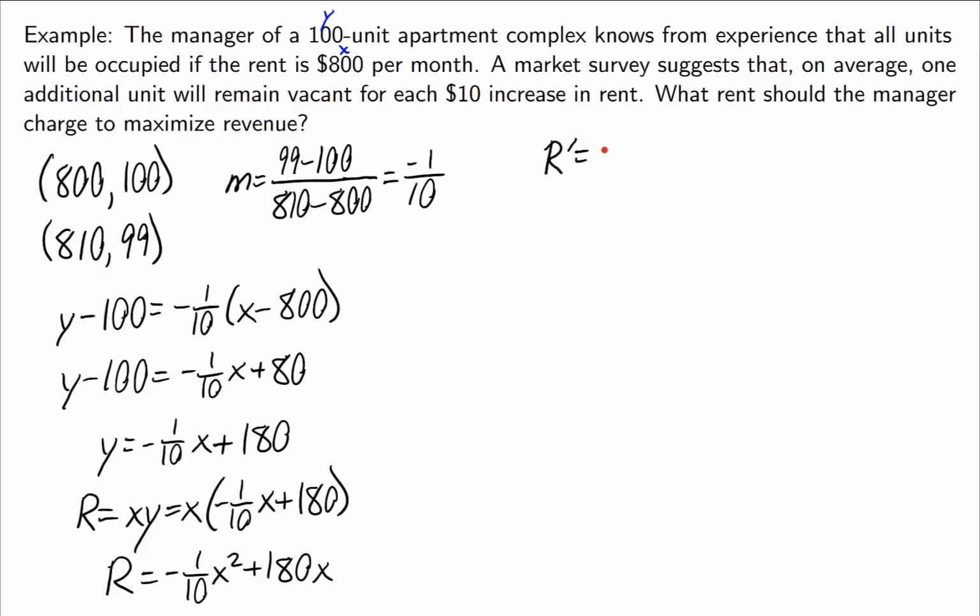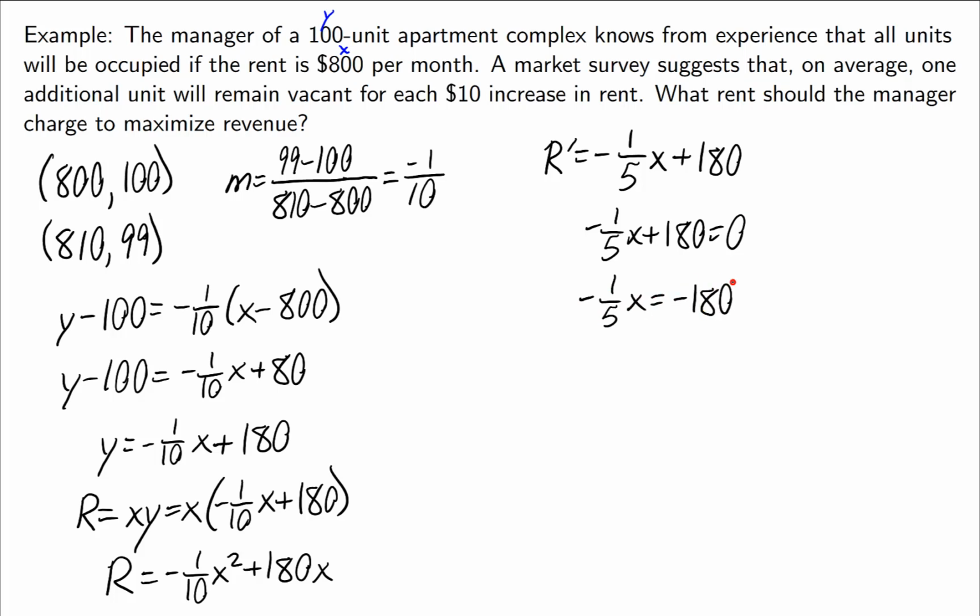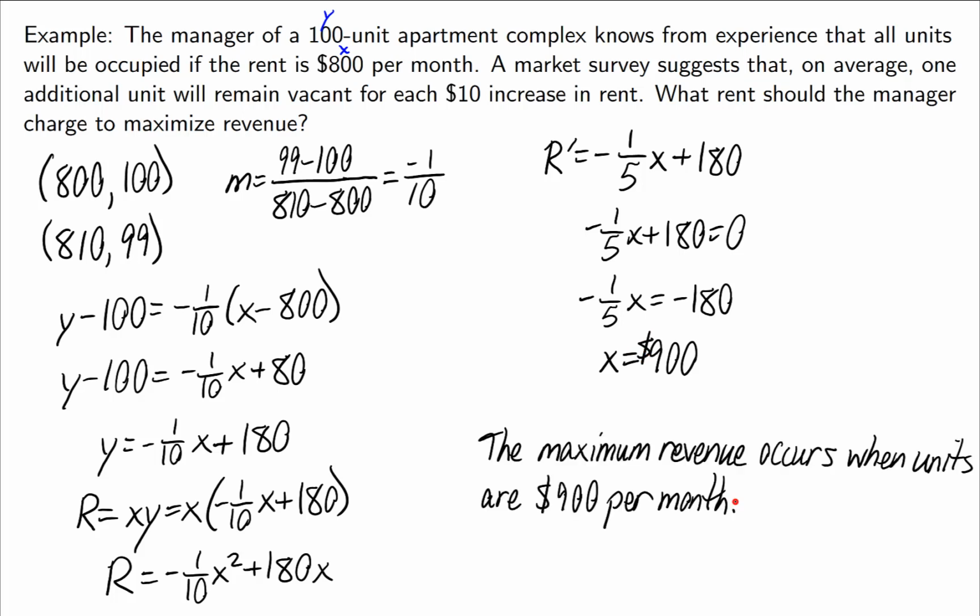R' is equal to -1/10 times 2, which is -1/5, times x, plus 180. Setting that equal to 0, I can then subtract the 180 from both sides to get -1/5 x = -180, and then I'll multiply both sides by -5 to get x is equal to 900. And that's a price, so that would be in dollars. What this means is the maximum revenue occurs when units are $900 per month.